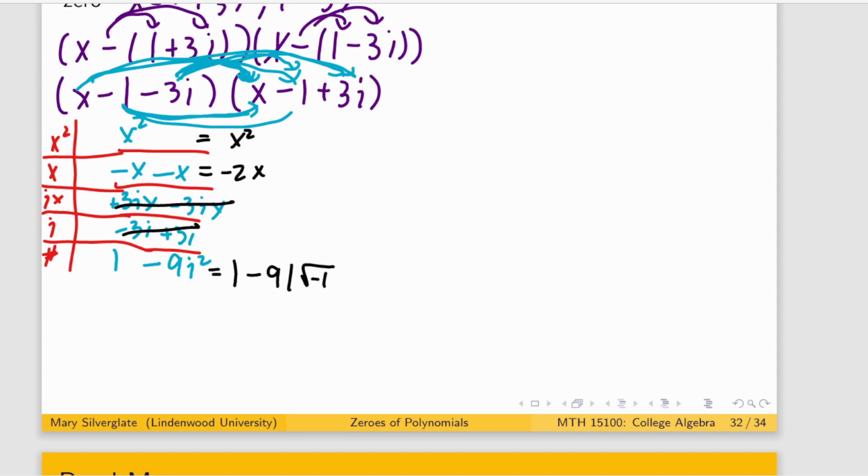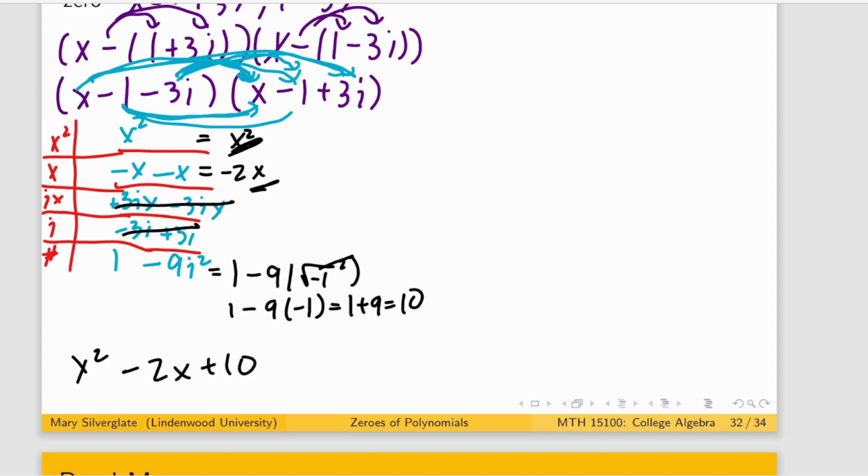Hopefully by now I've noticed i squared just becomes -1, but I could note the actual definition that i is the square root of -1. Squaring the square root makes -1. -9 times -1 gets us positive 9, so that is 10. So in total, I have x squared minus 2x plus 10 as my factor.